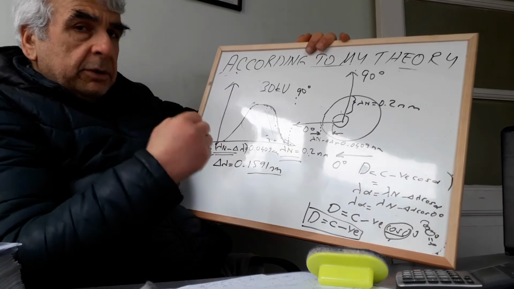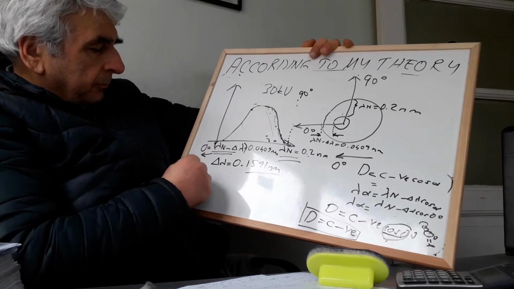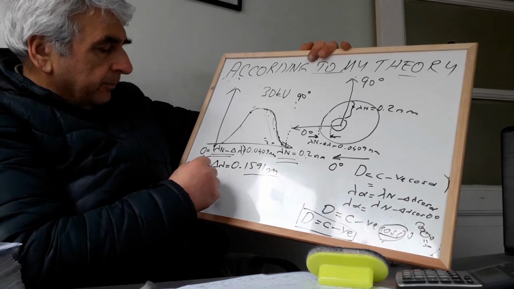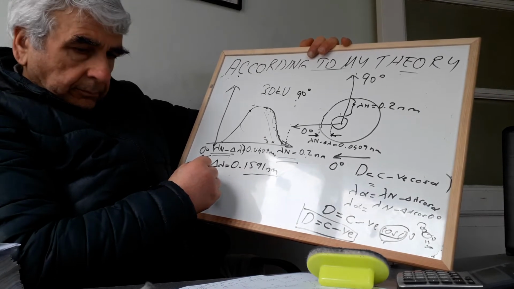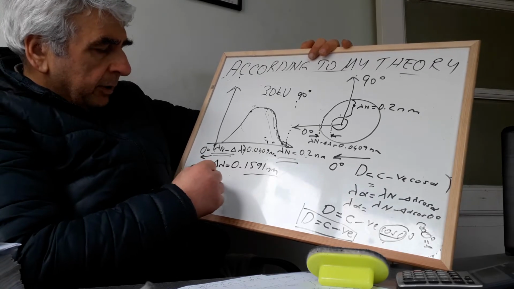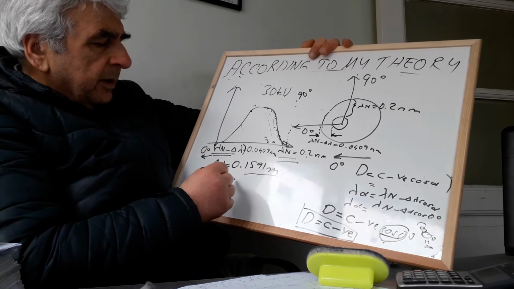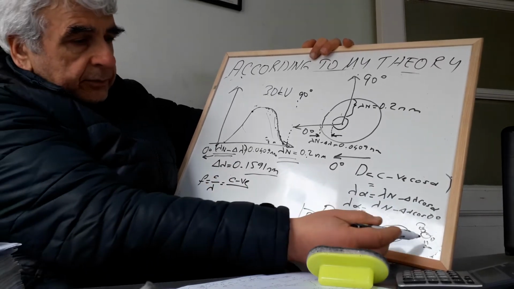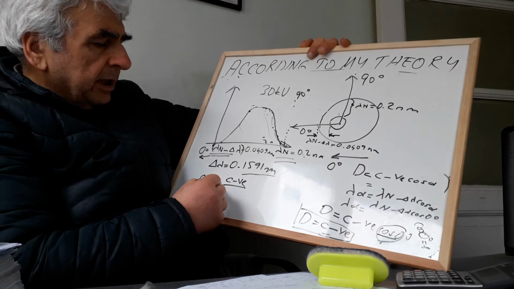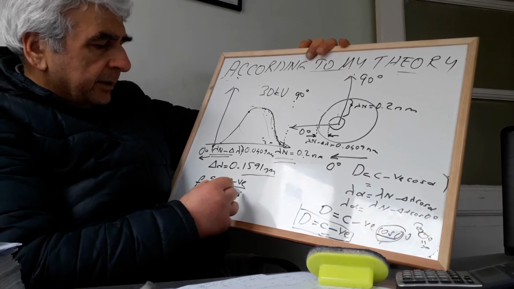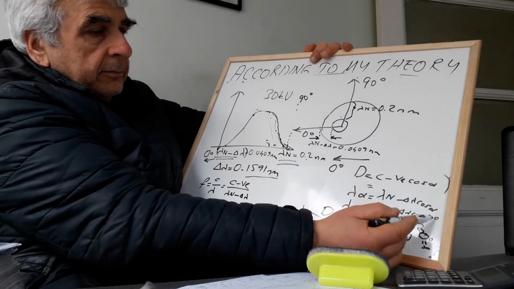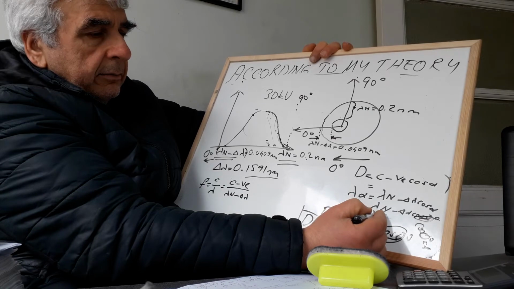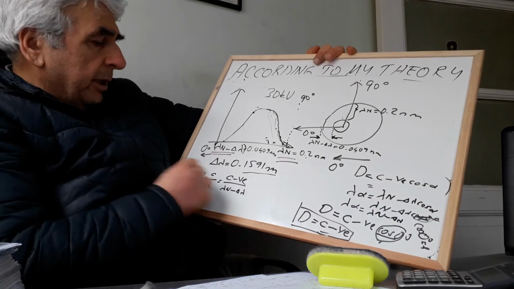And remember my relationship formulas. Frequency equals C divided by lambda, equals C minus V cosine 0 degree divided by lambda n minus delta lambda, because of this 0, cosine is 1.